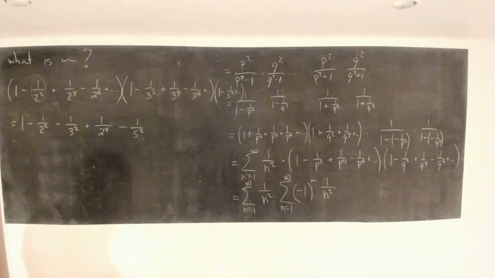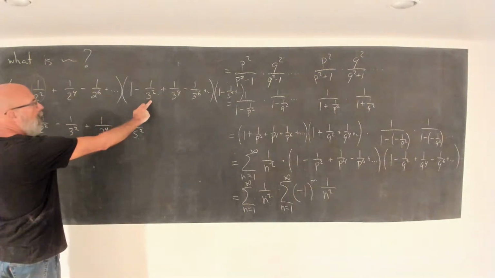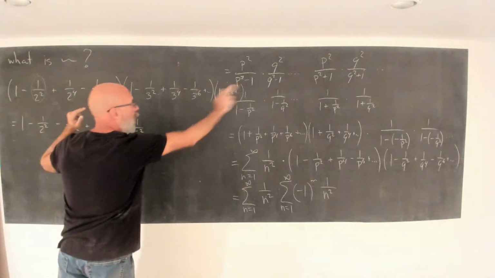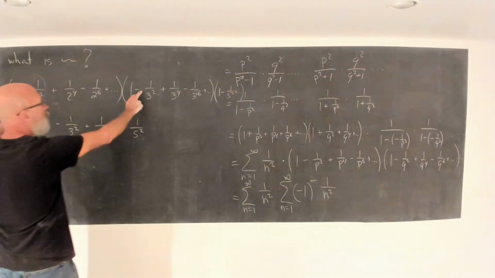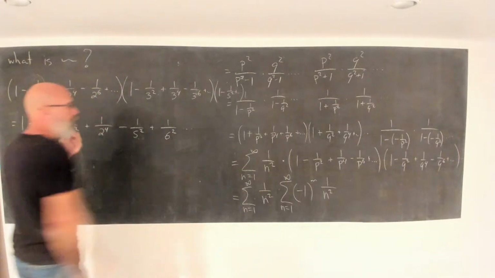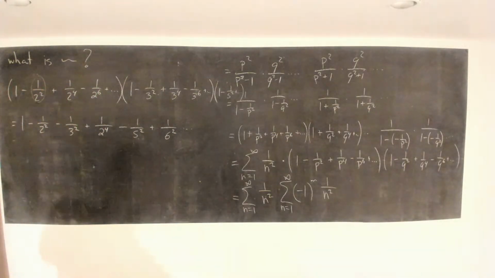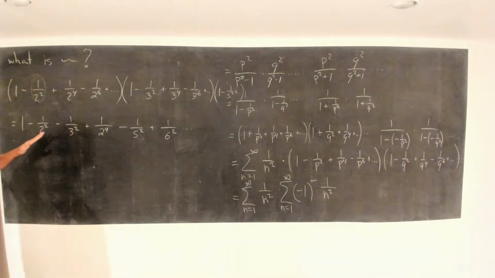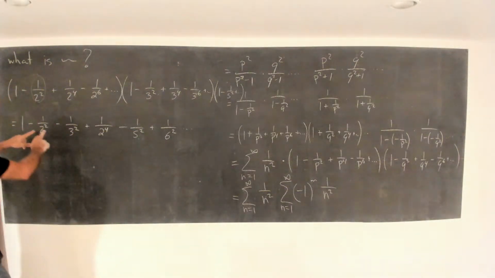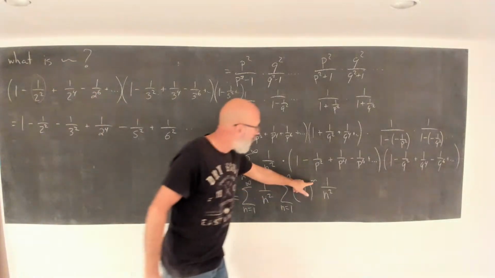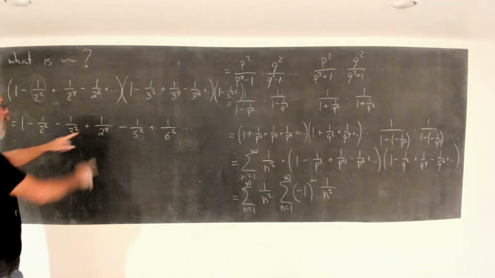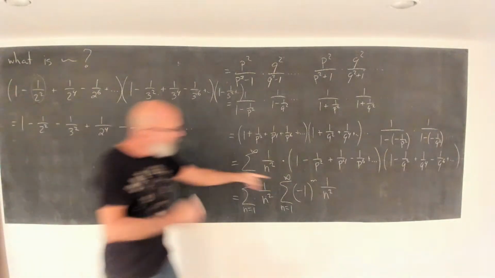And then the 1 over 6 squared you get by multiplying these two. So this times that, and then all 1s. So minus minus gives you a plus, and so on and so on. So, right, this is our sum that has the form negative 1 to the something times 1 over n squared. The only question is, what is that something?